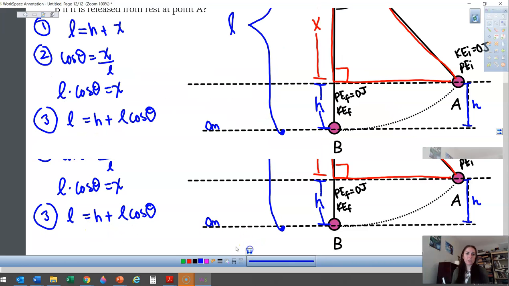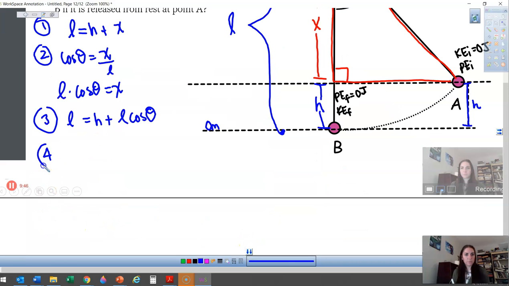I'm solving for h. So if I solve for h, I could take this whole term and subtract it over to the left side of the equation. L minus L cosine of the angle is equal to h. And there we have it in terms of L. If you want to get fancy, let's get fancy.